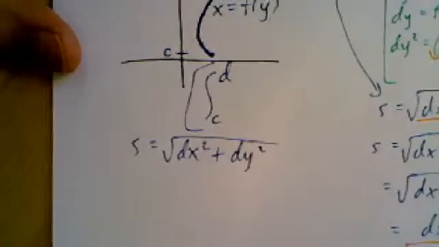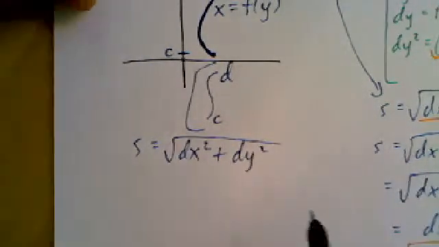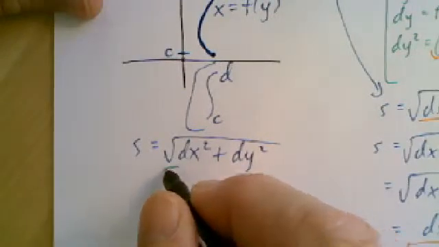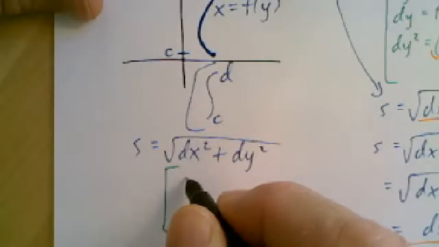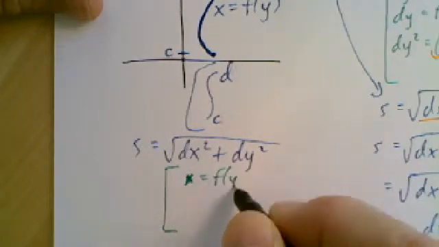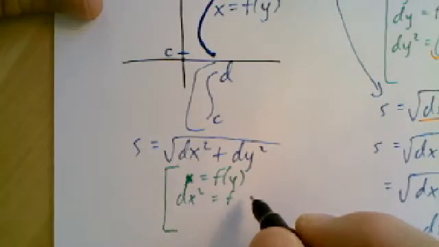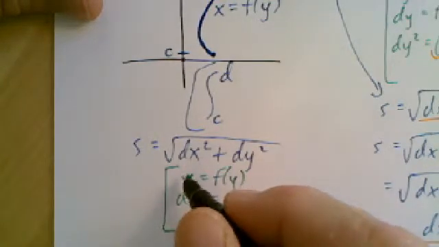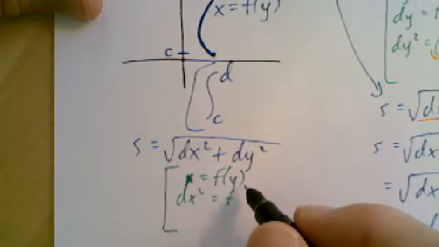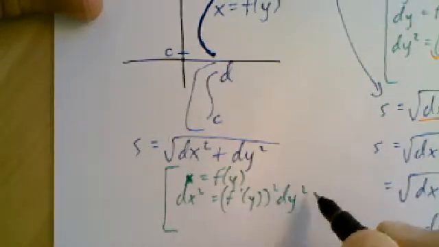So I'll just derive that here. The same thing that we had in the last problem, where we have y equals f of x, now we have x equals f of y. Therefore, when we take the derivative of both sides and square it, we get dx equals f prime of y dy, and squaring both sides we get f prime of y squared dy squared.